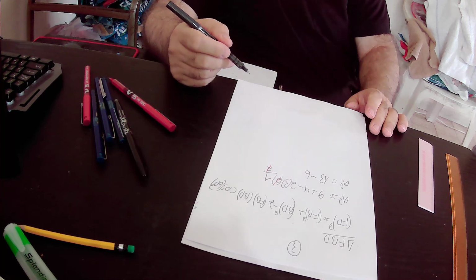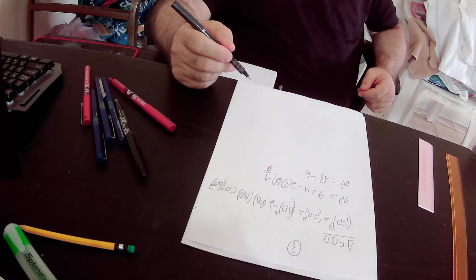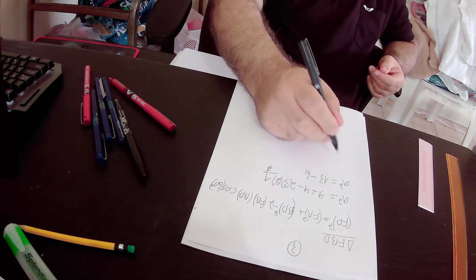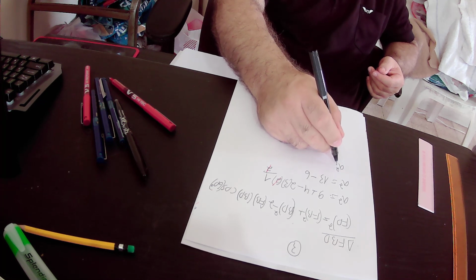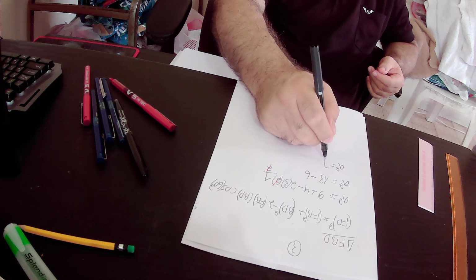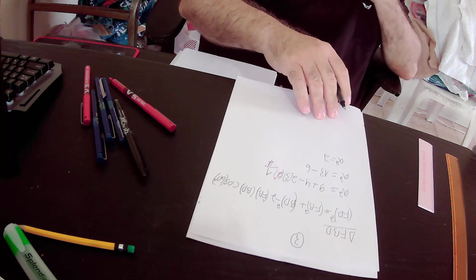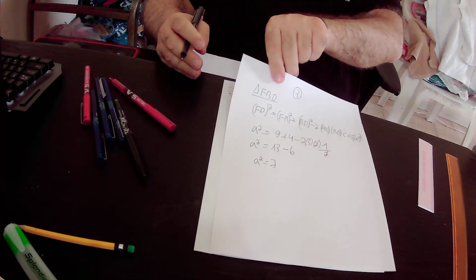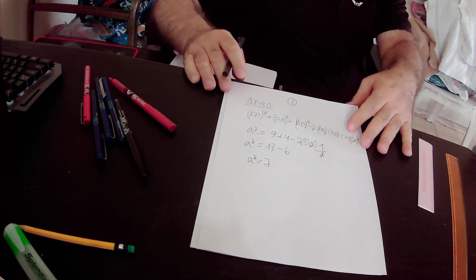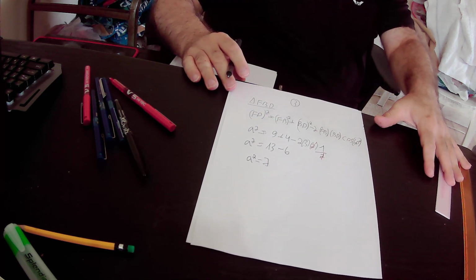So a squared equals 13 minus 6. 13 minus 6 is 7, so a squared equals 7.